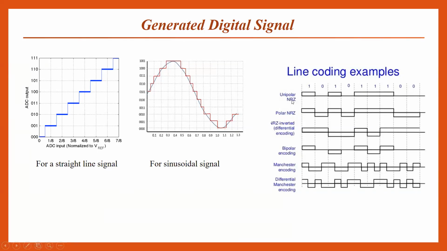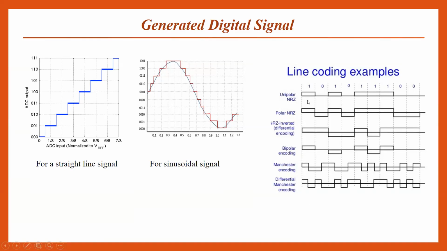There are some line coding examples: unipolar NRZ. NRZ means non return to zero. For the entire pulse duration, this signal will be provided at a fixed voltage, but it will never come to zero for the entire bit duration. Polar NRZ, no return to zero, but earlier was unipolar.